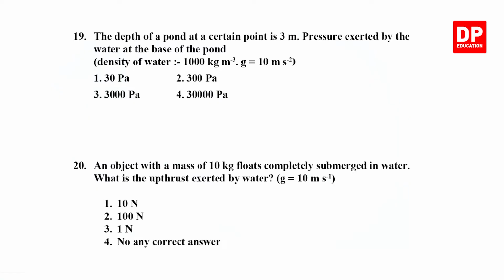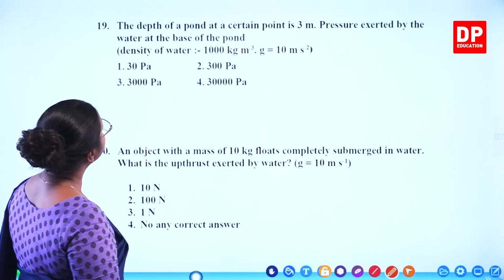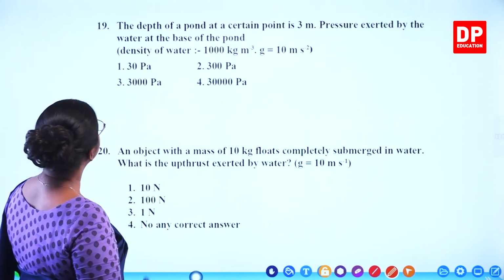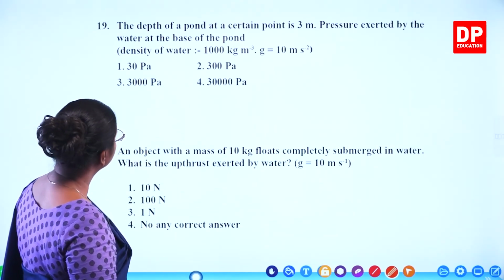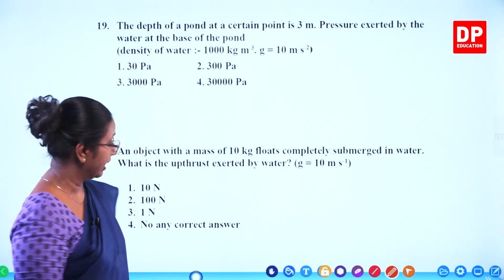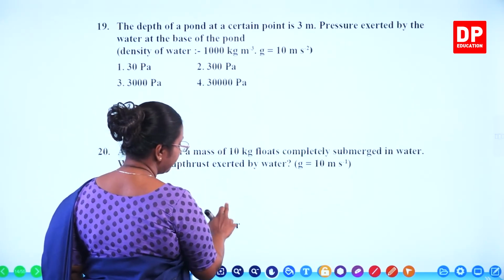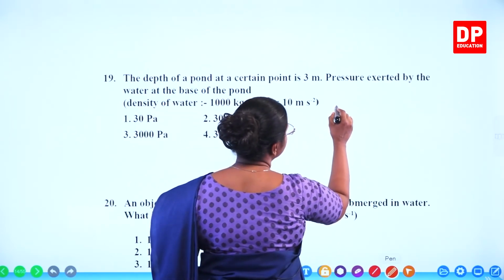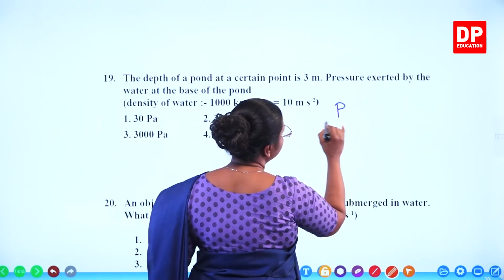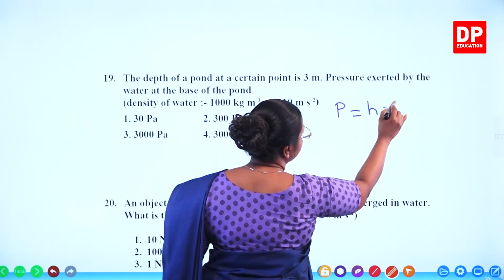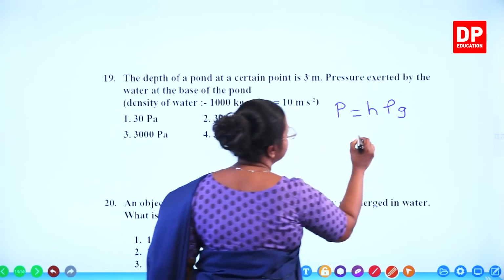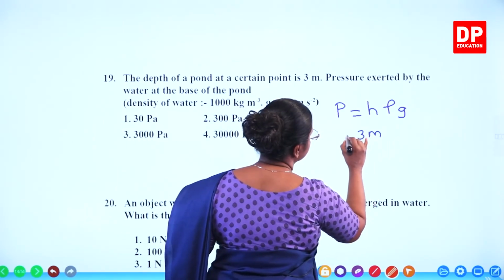So question number 19. The depth of a pond at a certain point is 3 meters. Pressure exerted by the water at the base of the pond, that is what they want you to calculate. So this is a question where we have done similar calculations. Normally when it is a pond or a water body, pressure is given by H rho G. So here they have given the H as 3 meters.